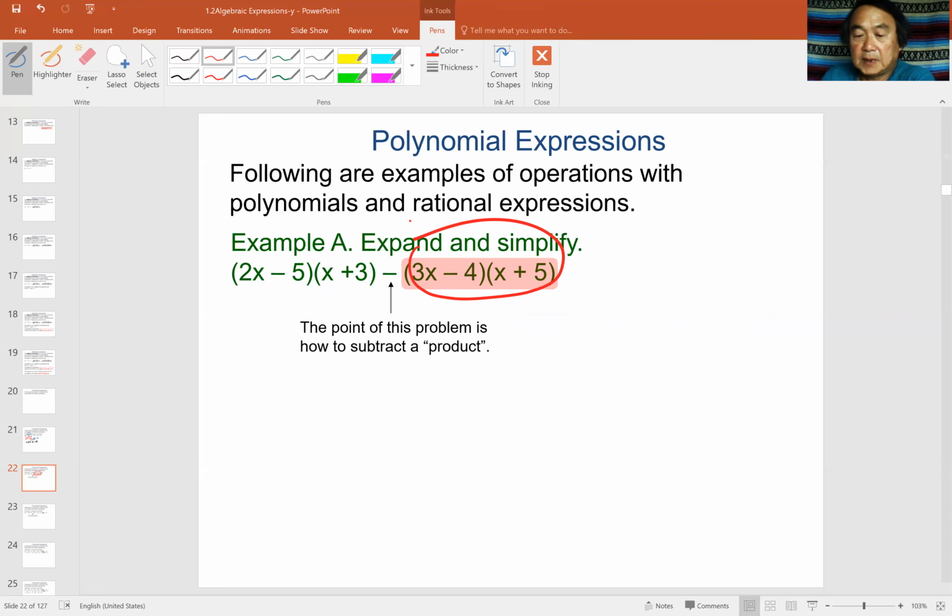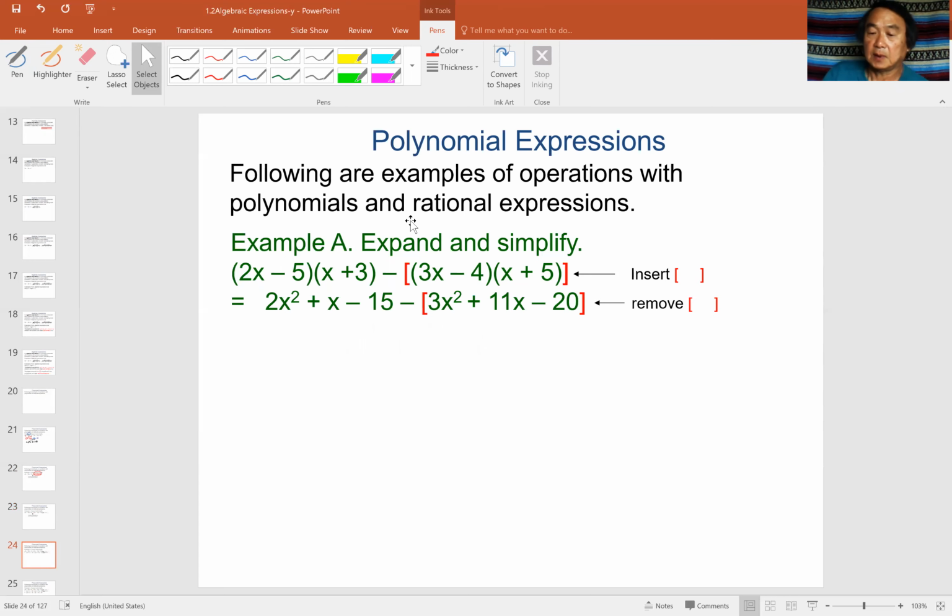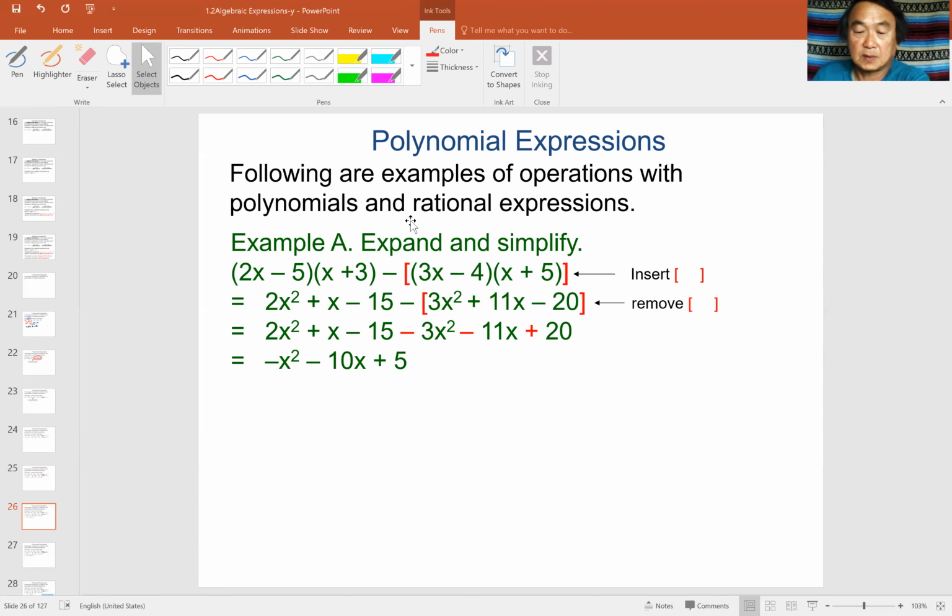So to be safe, you need to put parentheses or brackets around to protect that, because it's very easy to make algebraic mistakes. Multiply it out, then remove the bracket, change the sign, and then combine like terms.